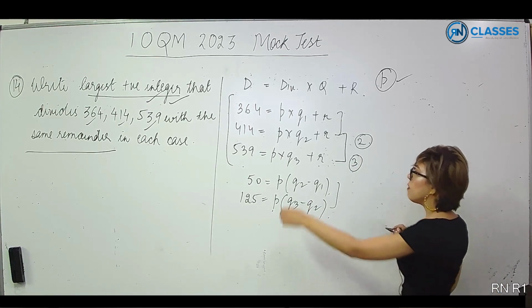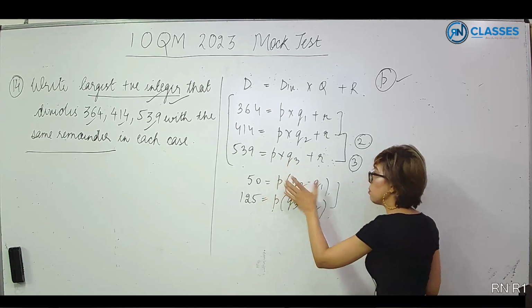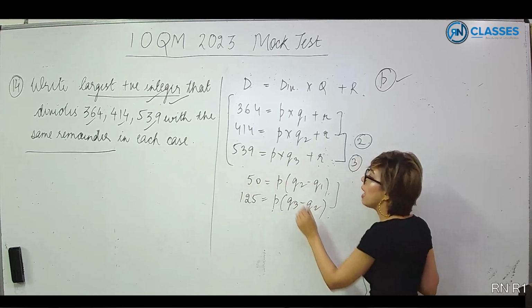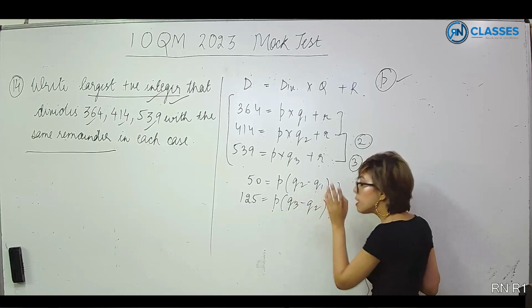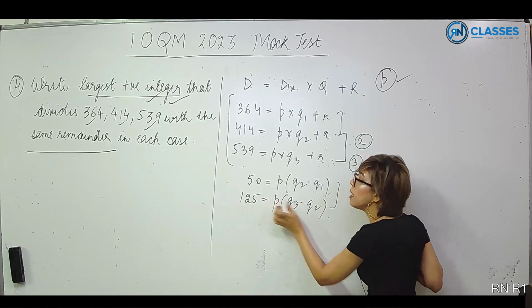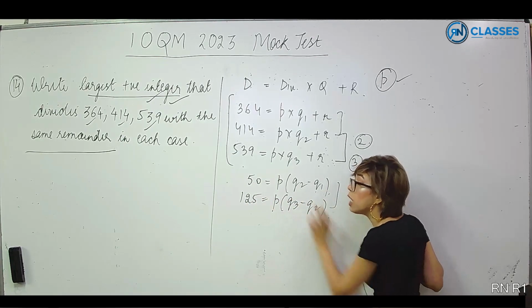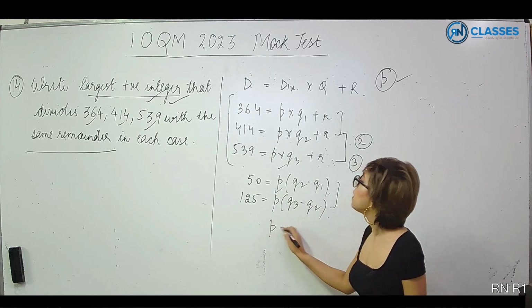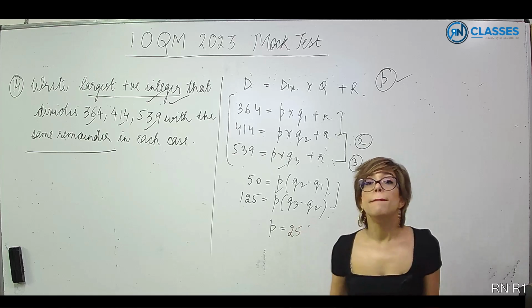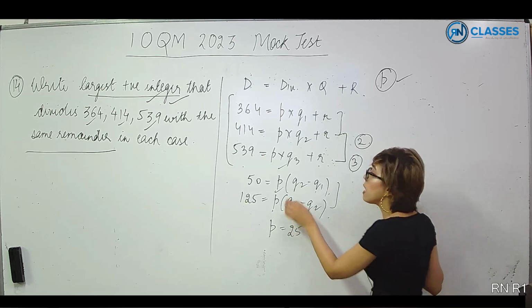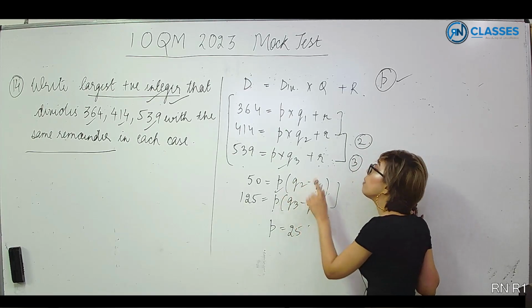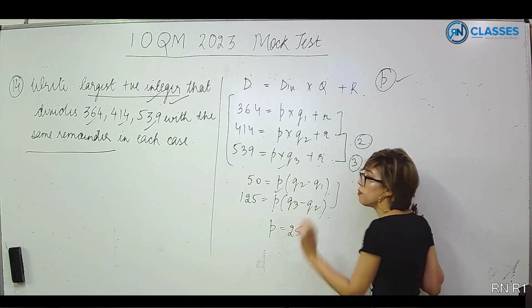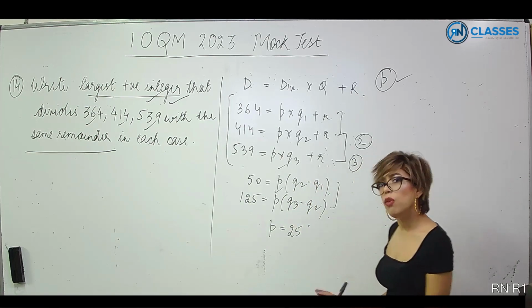Why? Because obviously this is an integer, positive integer, this is a positive integer. 50 has to be written as product of two positive integers. Similarly, 125 has to be written as product of two positive integers. That will be the largest one. So first thing that comes to my mind, maybe P is 25. But mind it, along with this, I should get a positive Q1, I should get a positive Q2, and I should get a positive Q3. That I do in fact. Why?